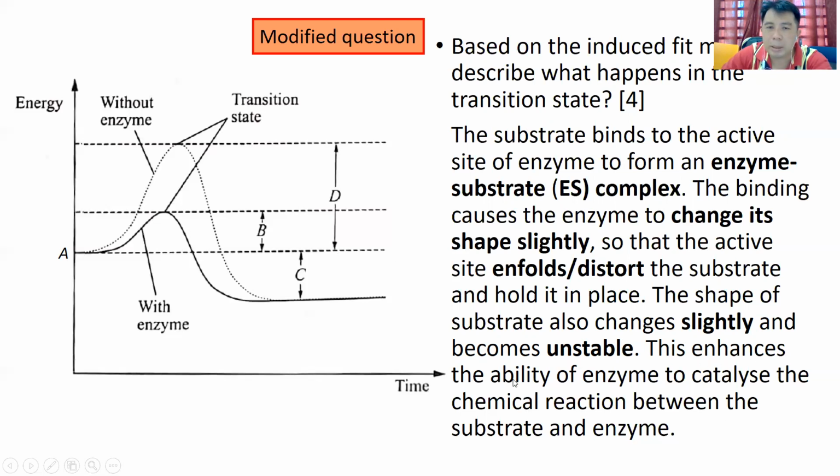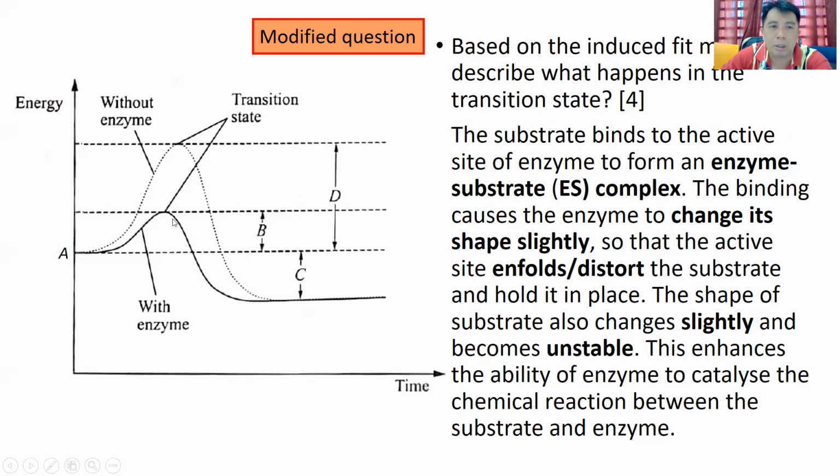This enhances the ability of the enzyme to catalyze the chemical reaction between the substrate and enzyme, so that the substrate can form the product. So this is what happens in the transition state, and then we just apply the induced fit model, where the enzyme changes shape slightly and the substrate also changes shape slightly.